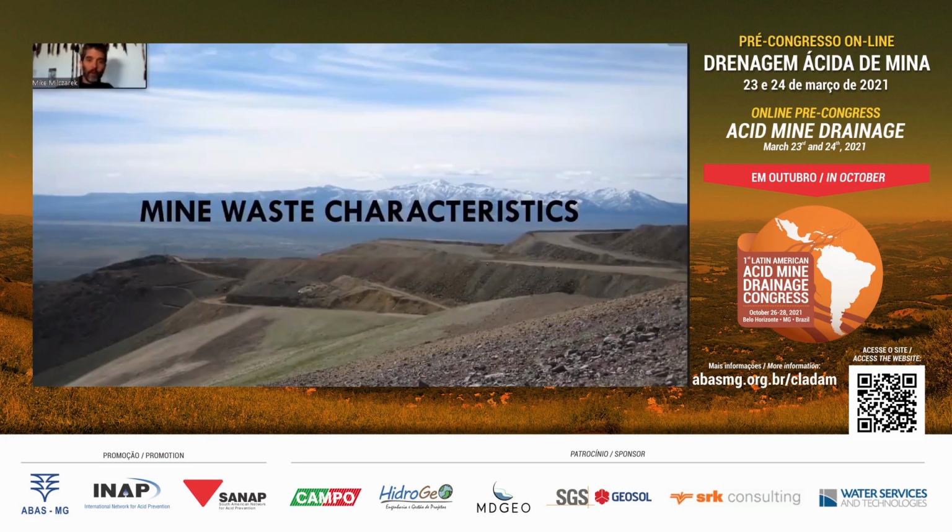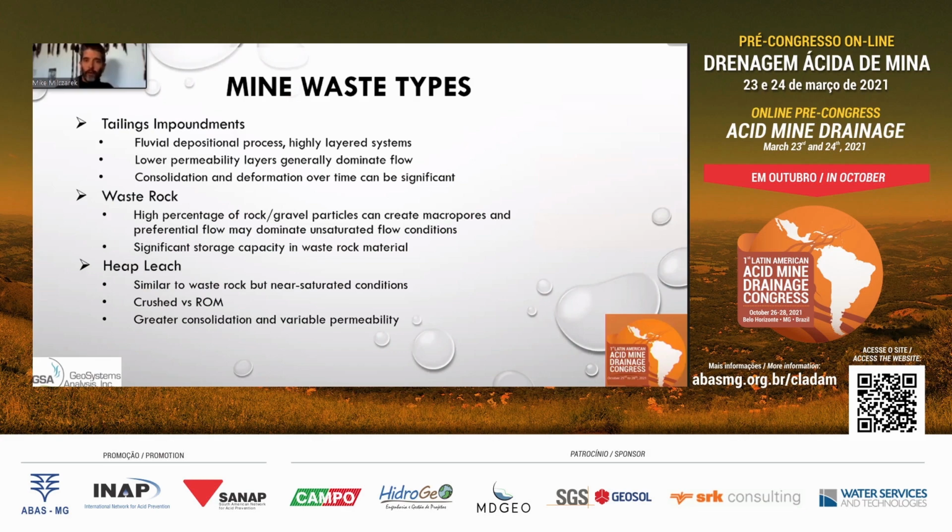I want to talk briefly about mine waste characteristics. There are three major mine waste types. Tailings are crushed rock put down in a fluvial depositional process, which creates a highly layered system. Typically, in the areas where deposition is occurring, whether from spigots or from cyclones, the coarser sand material will drop out.